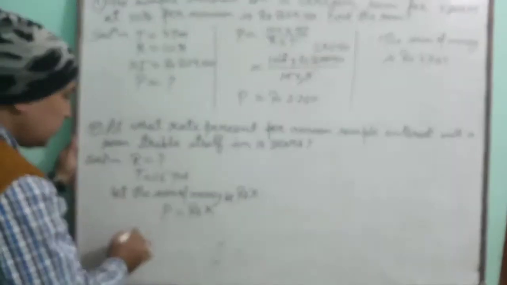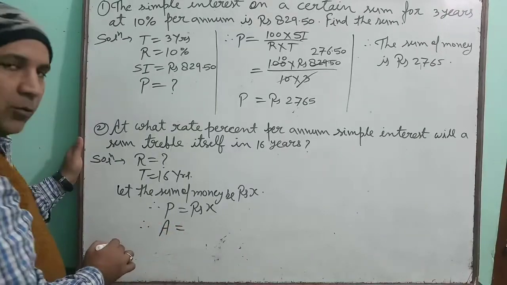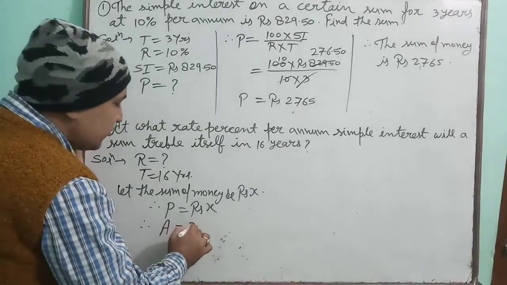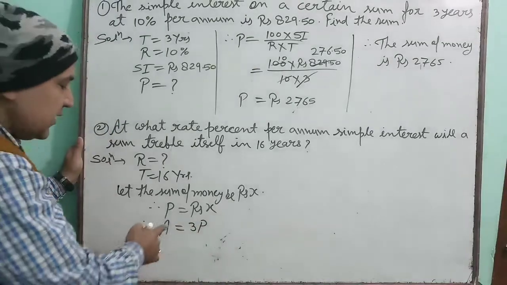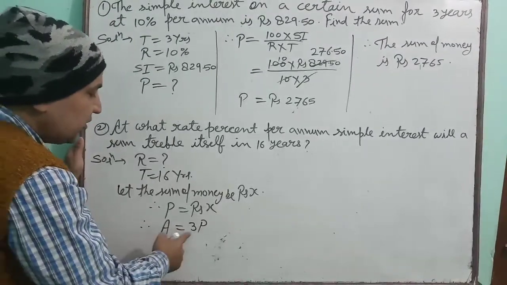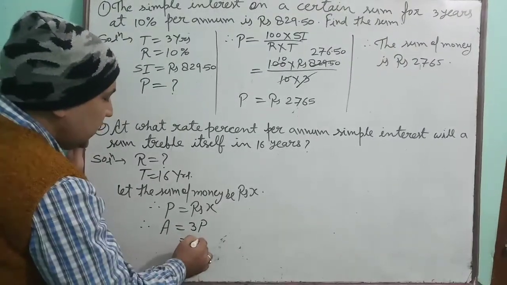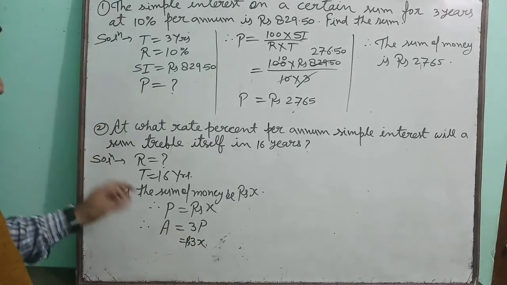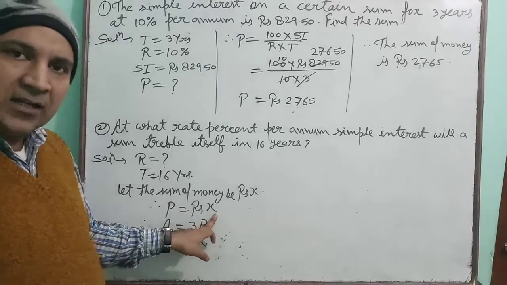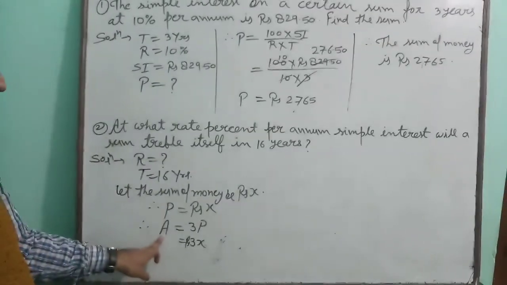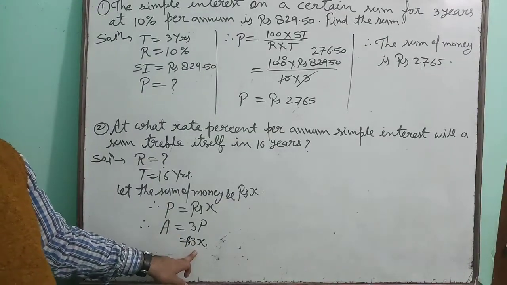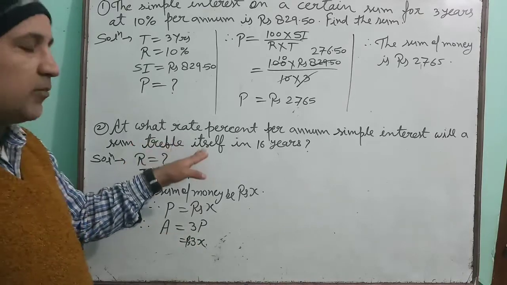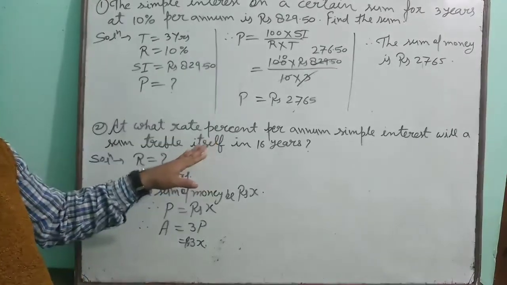Now according to the question, what will be the amount? The amount is tripling itself, so the total amount will be 3 times the principal amount, that means 3x rupees. If we suppose the principal amount x, then according to the question the amount will be 3x because the sum becomes triple itself in 16 years.